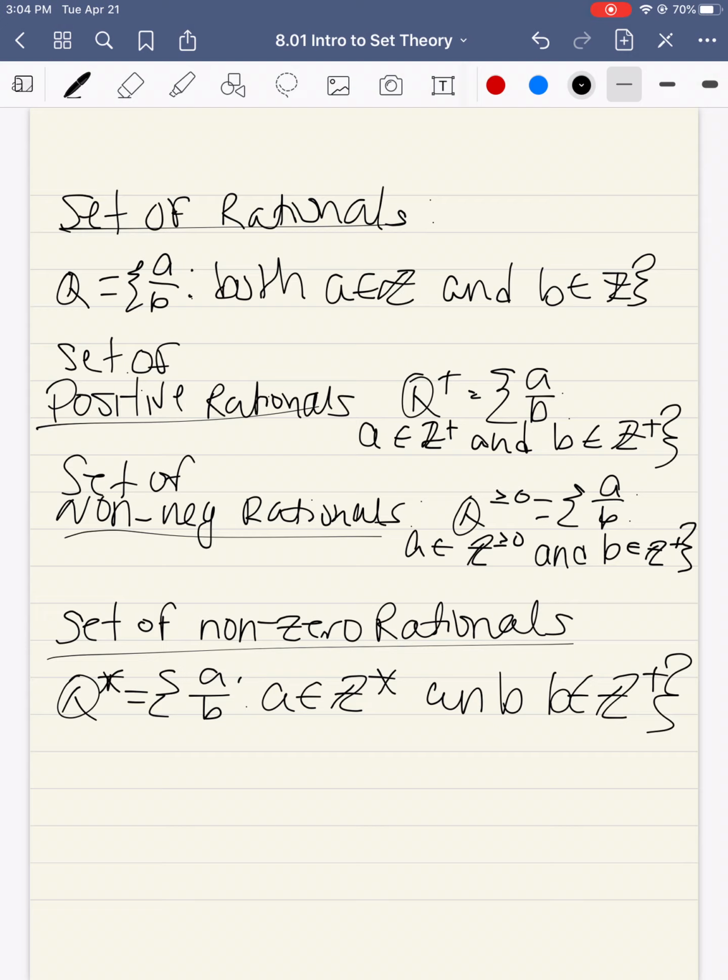So again, we want to make sure that 0 is not included. However, we don't want to just say that b is also a non-zero integer, because then if we have division by 2 negatives, essentially we would just be using the positive rationals. So that's why b is just defined as a positive integer.